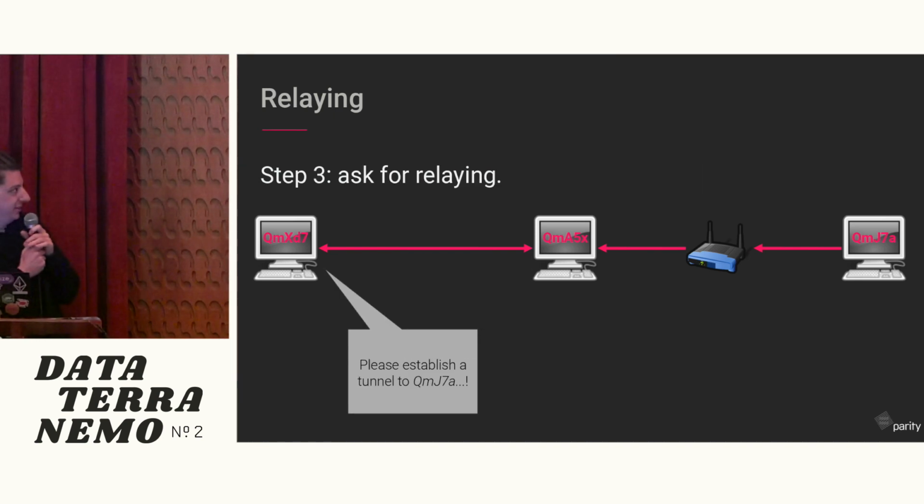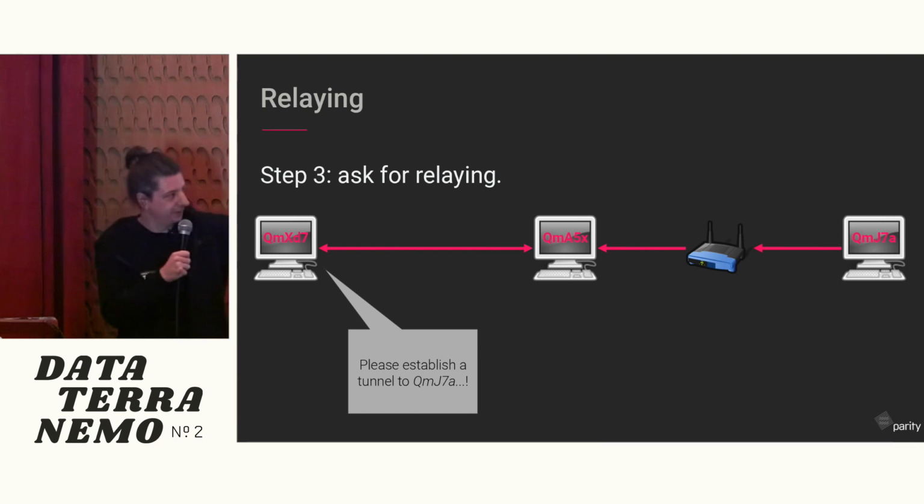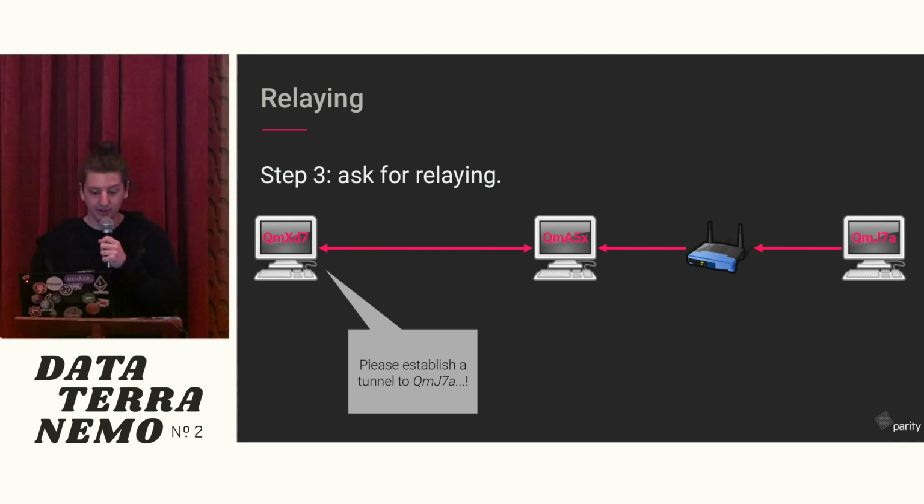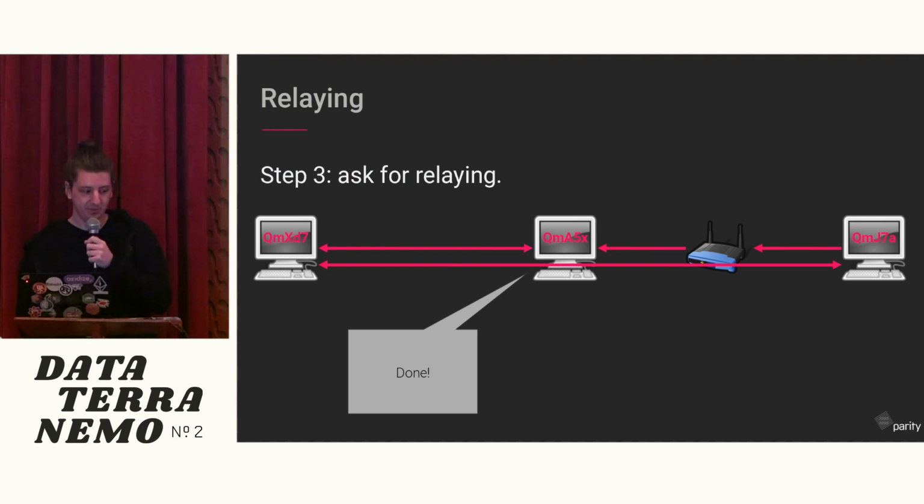And thanks to that, the node here can ask for relaying. It can ask for a direct connection. This is done similarly through a substream. We open a substream with a proxy, and the node opens a substream to the relay node and transmits all communications through them.